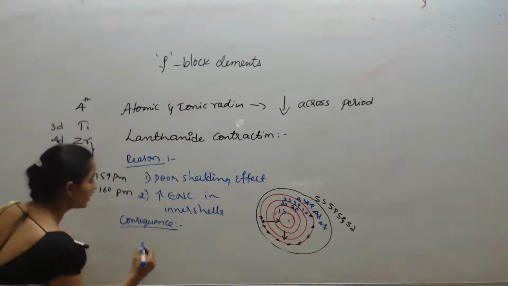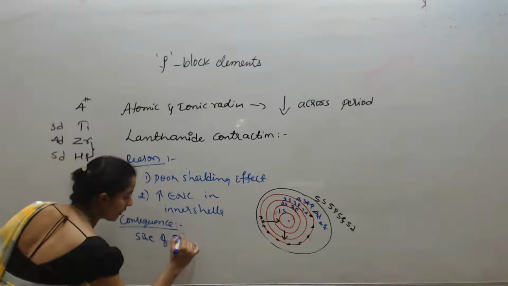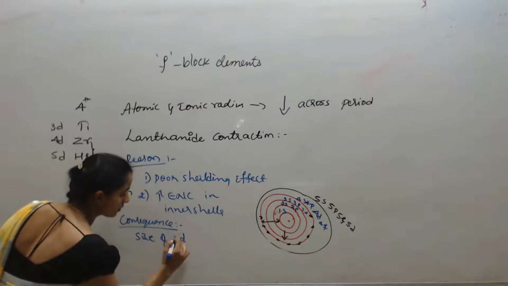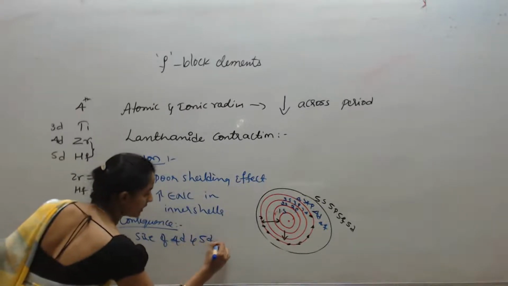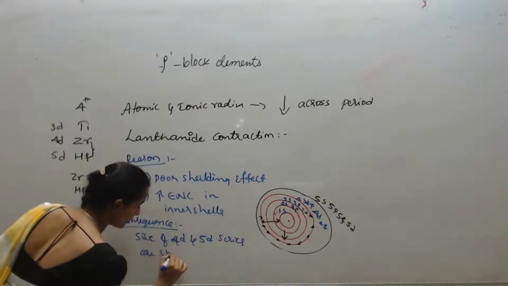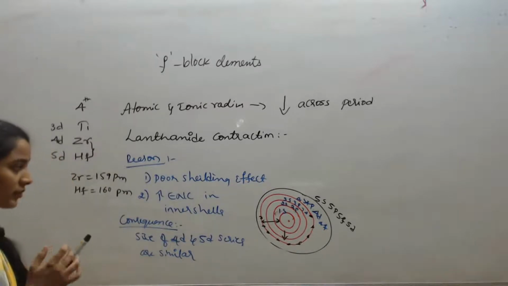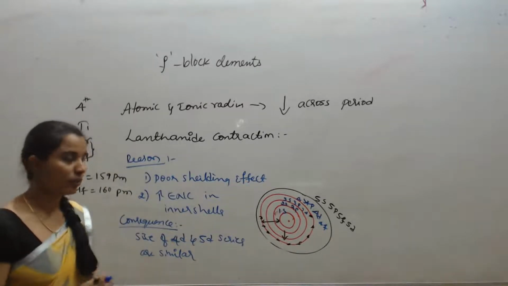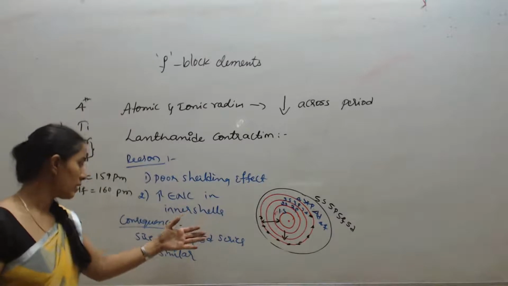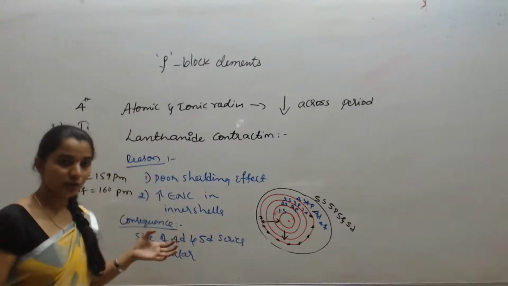Because of this lanthanide contraction, the sizes of the 4d and 5d series are similar. This is the consequence, and this is very important for 2 marks. They may ask what is lanthanide contraction and what is its consequence, or what is the reason for lanthanide contraction.